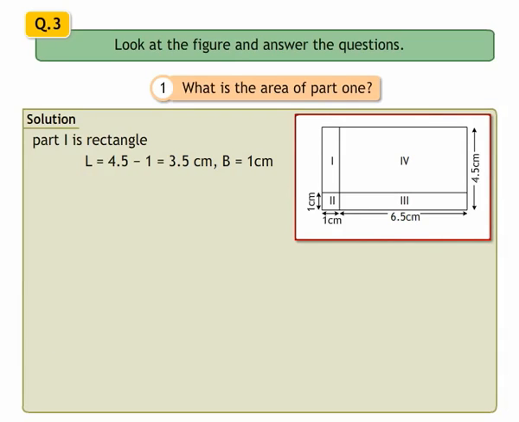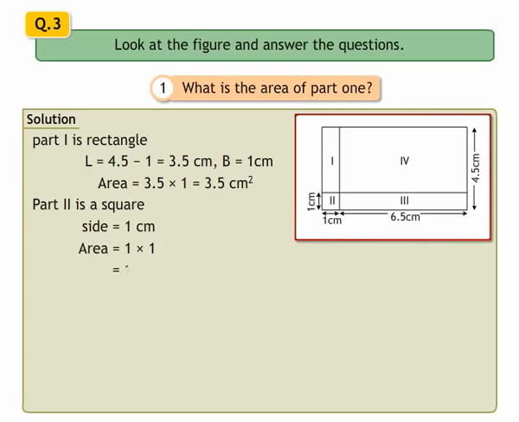Breadth is 1 centimeter. Area is 3.5 into 1 equal to 3.5 square centimeters. Part 2 is square. Side is 1 centimeter. Area is 1 into 1 equal to 1 square centimeter.